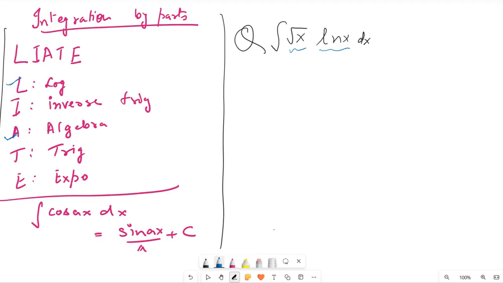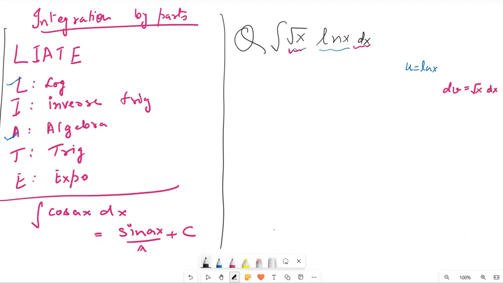So I'm going to name ln x as u. So u is equal to ln x. And the remaining portion attached with dx, I'm going to name dv. dv is root x dx.